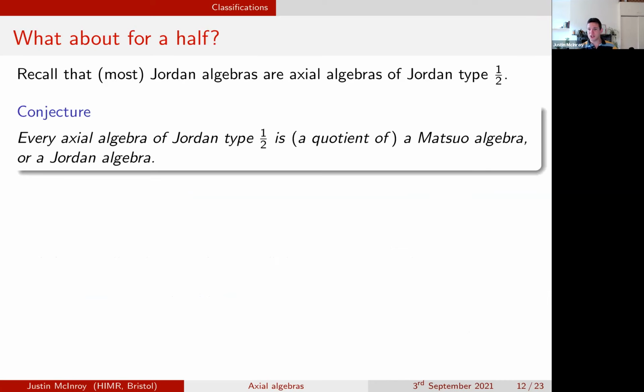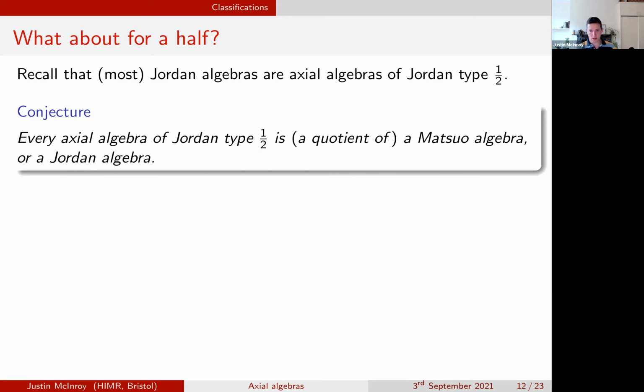And the conjecture is that every axial algebra of Jordan type a half is, well, maybe a quotient, but it is a Matsuo algebra or one of these Jordan algebras.